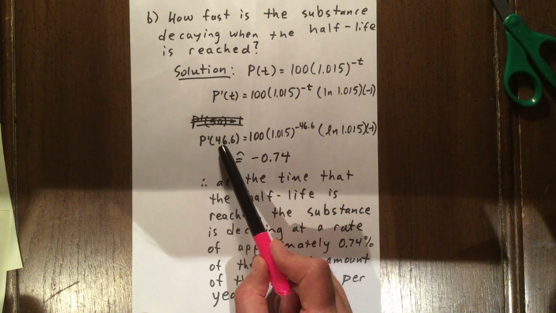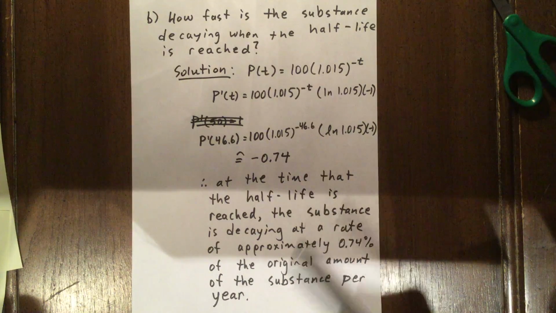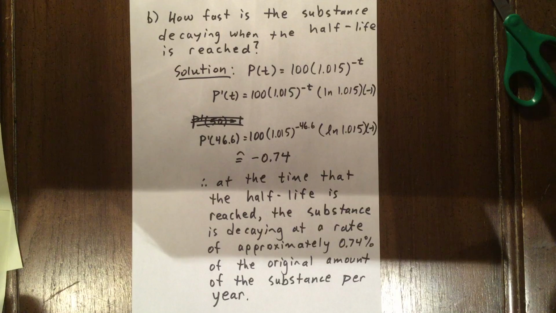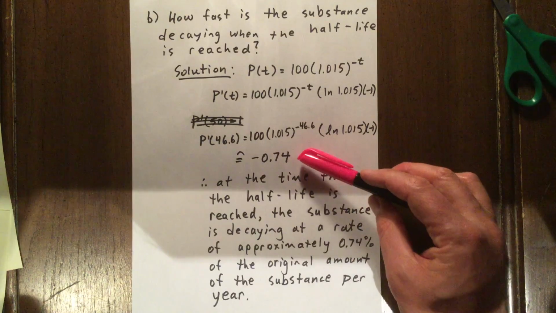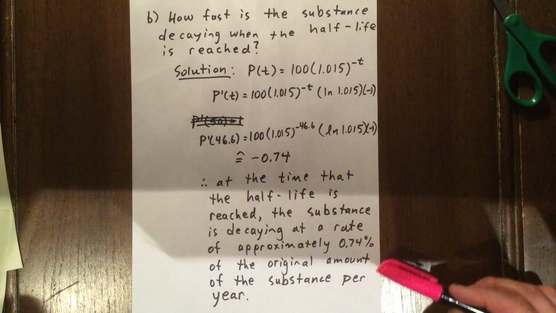At 46.6 years, we plug in 46.6 for t, and we get negative 0.74. Well, remember, p is expressed in percent of the original, where 100 is 100% of what you were originally given, and t is expressed in years. So we're decaying at a rate of 0.74% of the original per year.